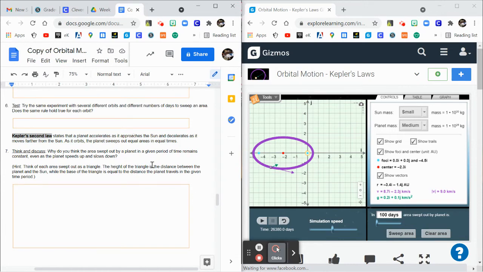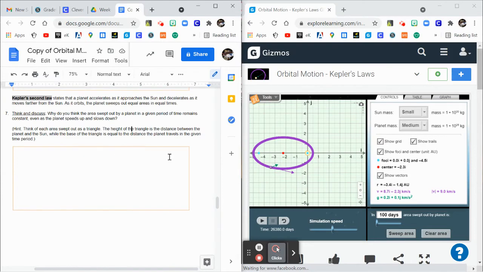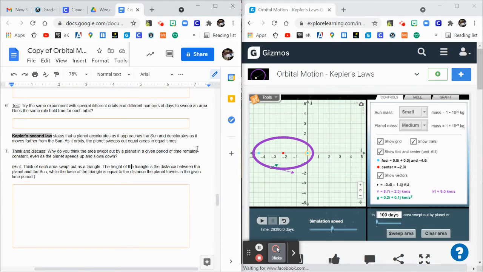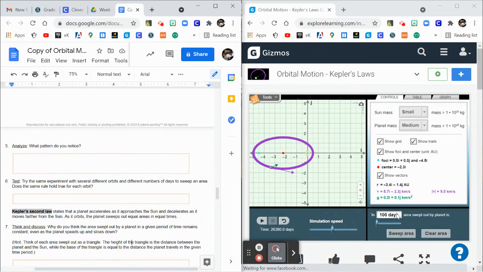All right. Well, there you go. Okay. So think and discuss. So again, when we click on sweep area, you are observing the position of the planet in a given amount of days.